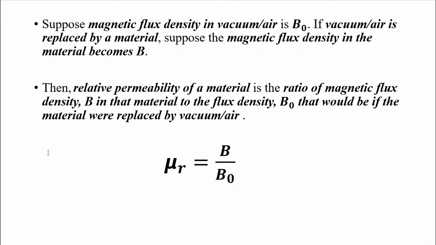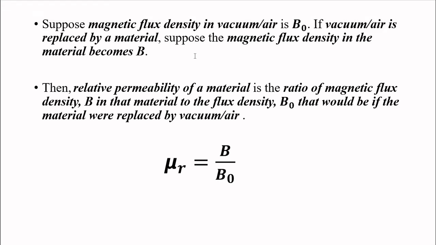Let's say the material or the object which is to be magnetized is placed in normal conditions, in vacuum or air. In that case, the magnetic flux density is B subscript 0, which is the absolute case in vacuum or air. That is the magnetic flux density in case of vacuum or air, B0.